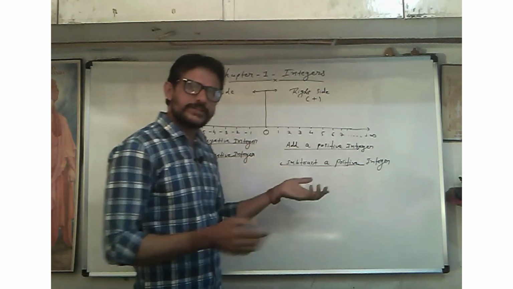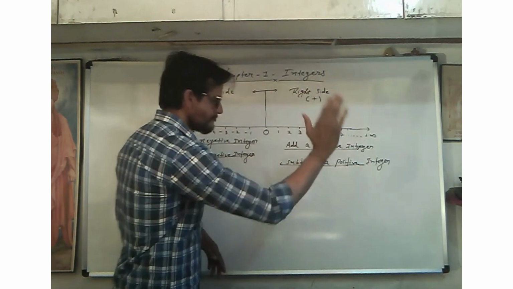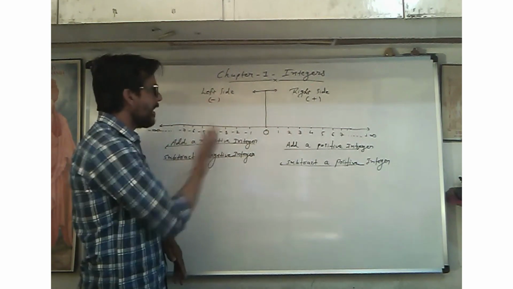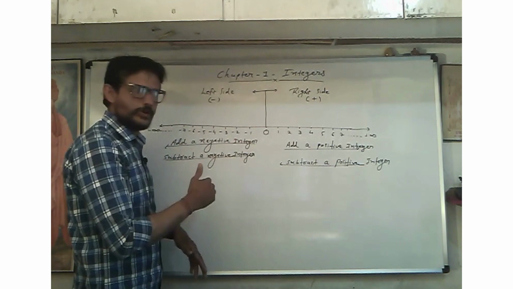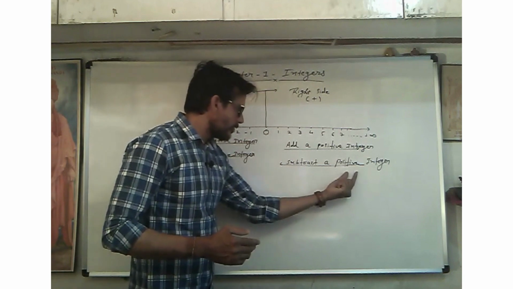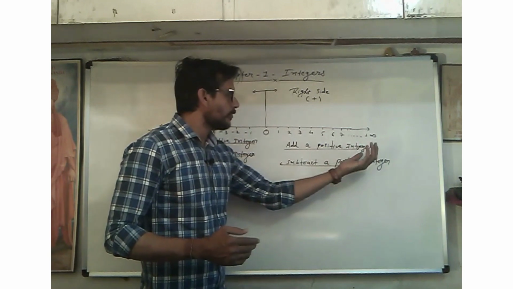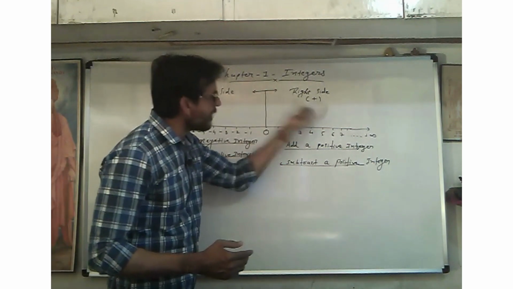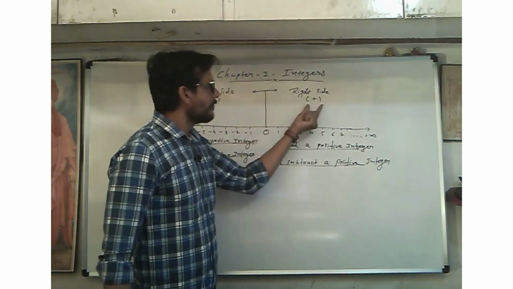When you subtract a positive integer, it means you move to the left side, the opposite direction of right side, not from the center dot, but from the right side.